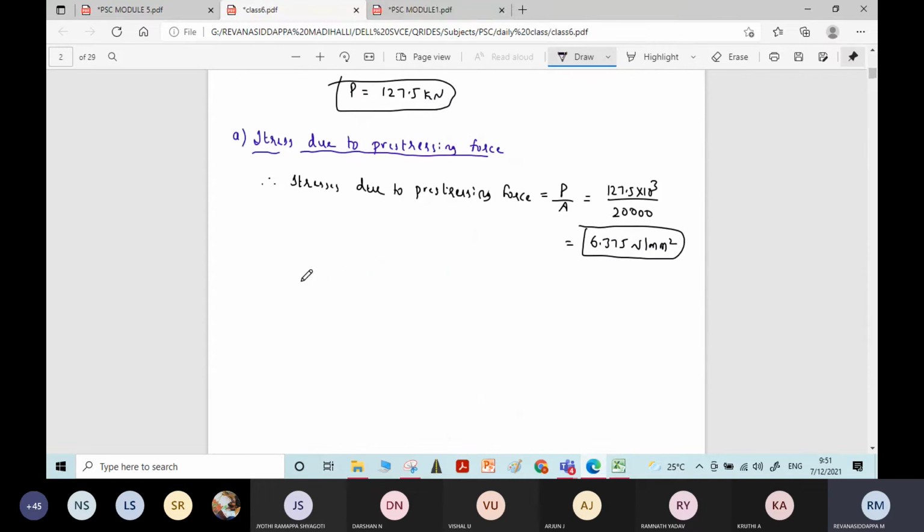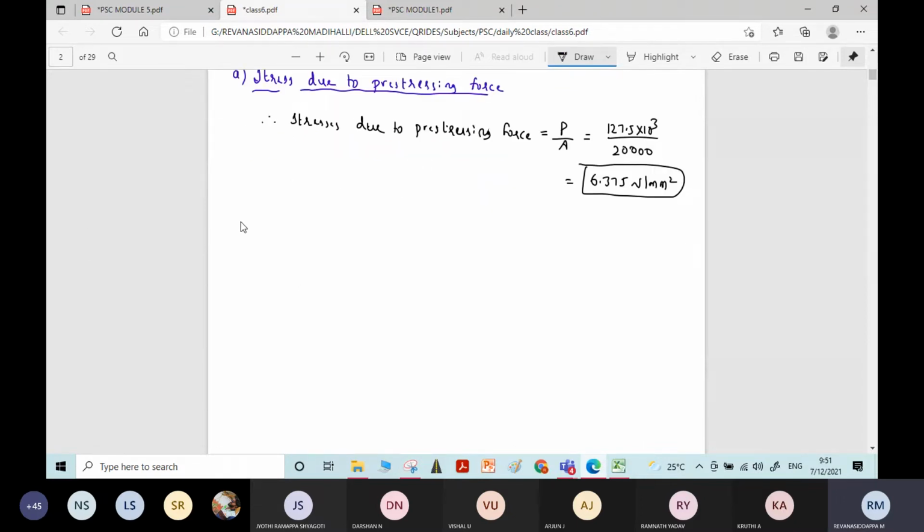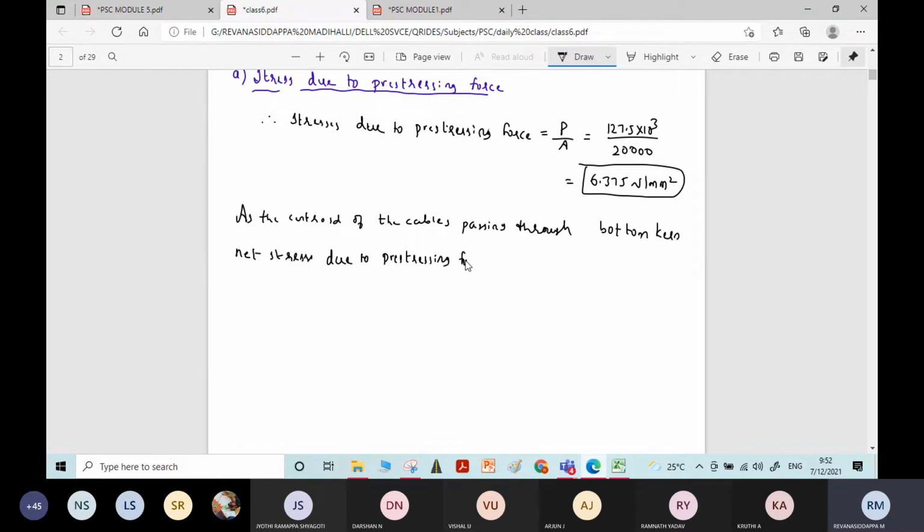Therefore, below you write: as the centroid of the cables passes through the bottom kern, the net stress due to the pre-stressing force will be equal to 2 times P by A. So 2 into 6.375.